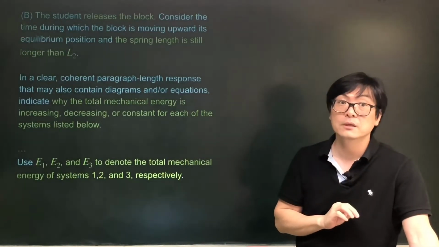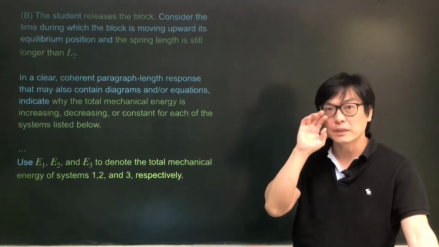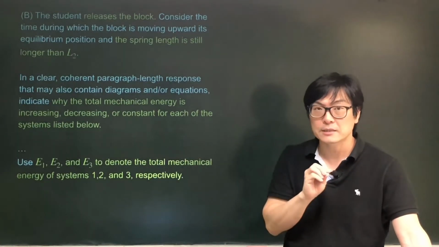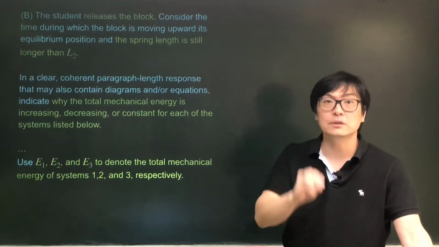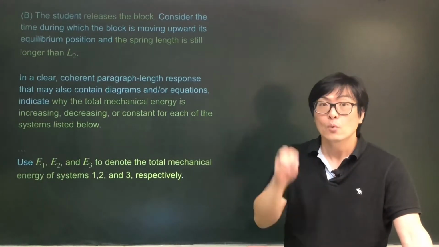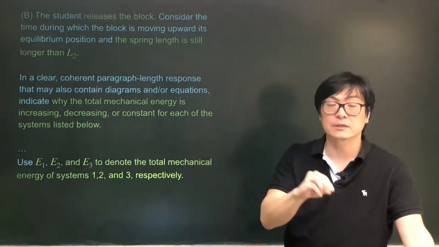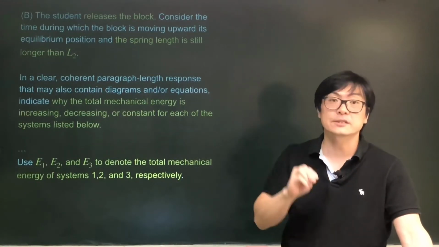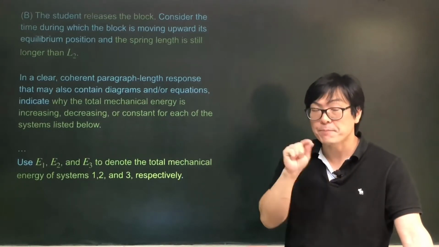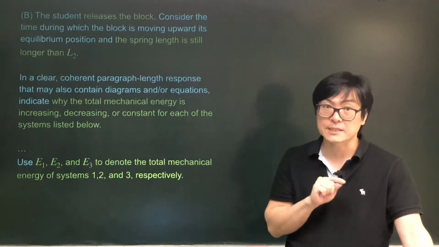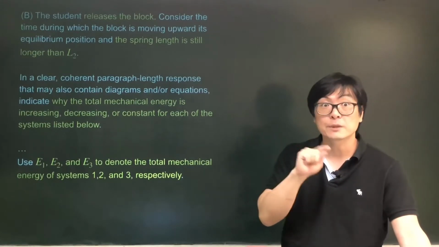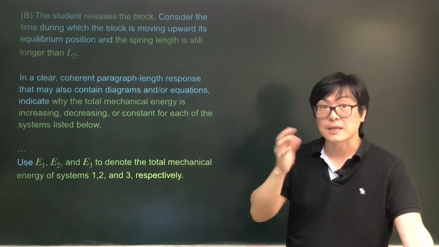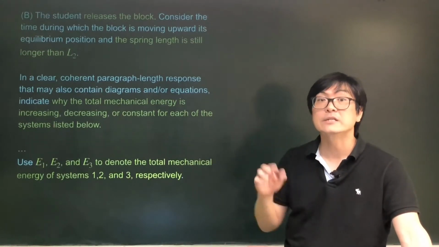Whenever you deal with a law of conservation, the most important thing is what is in your system: what objects are included in your system, and which objects are excluded. Depending on the objects in your system, the energy should be considered in a different way. So linking the system and the conservation law is very important.